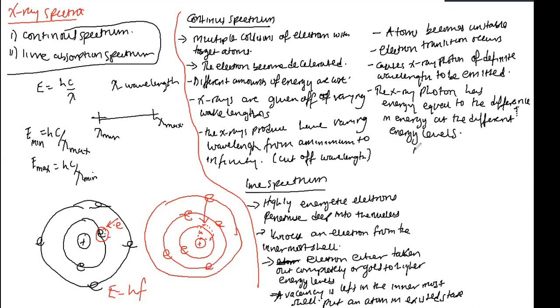So E is equal to E2 minus E1, where E2 is the energy in the higher energy level, and E1 is the energy in the lower energy level. With those explanations, you need to summarize all that we have discussed and ensure that you have them well sorted.